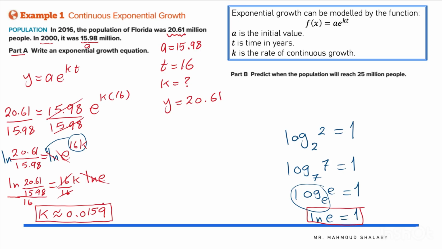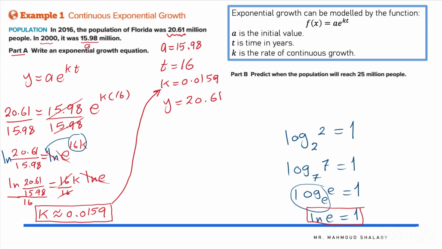So what I need to do is to put it back in the original equation, where I know now that k is no longer an unknown, so I will remove this question mark and replace k with 0.0159.